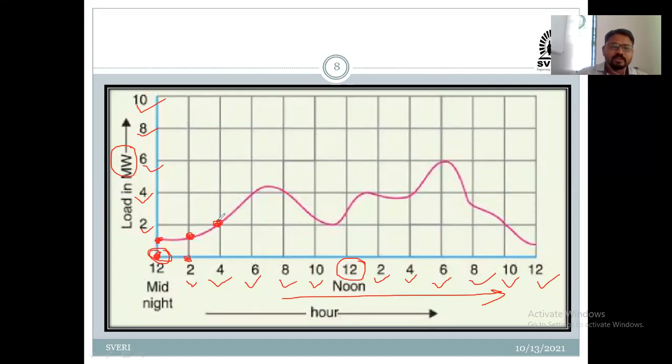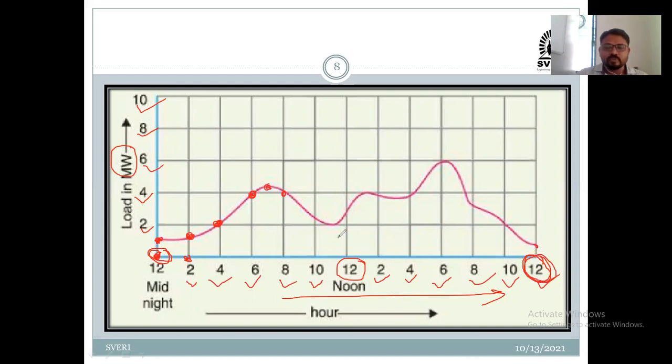So I plotted here. Then I go for 6 a.m. Then I have checked what will be the load, which is found to be 4 megawatt. Then 8, or in between, I have found this one. Up till which point will I go? Up to the 12 night again.